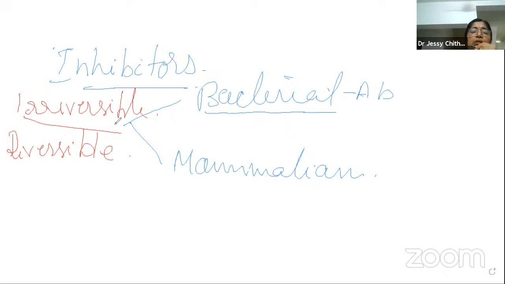What do you mean by bactericidal? That means it kills bacteria. So these antibiotics act on which ribosome? It is the 70S ribosome. Bacterial ribosomes are 70S, whereas eukaryotic ribosomes are 80S. The 70S ribosome has two subunits, 50S and 30S.